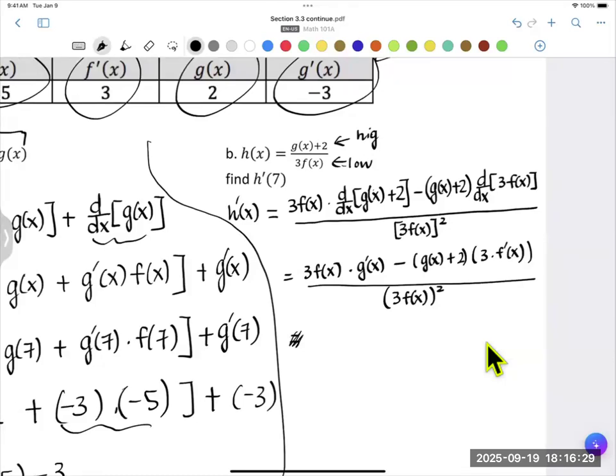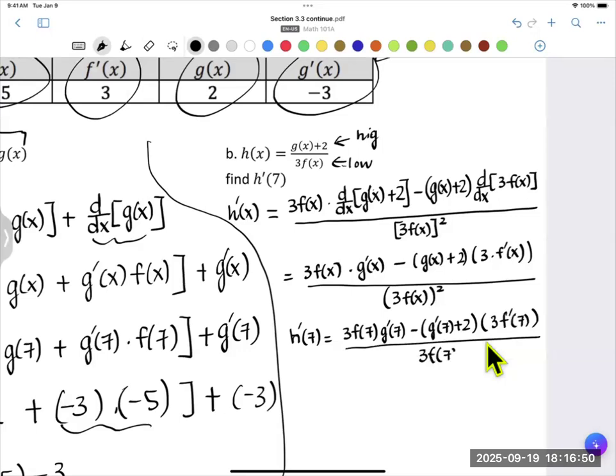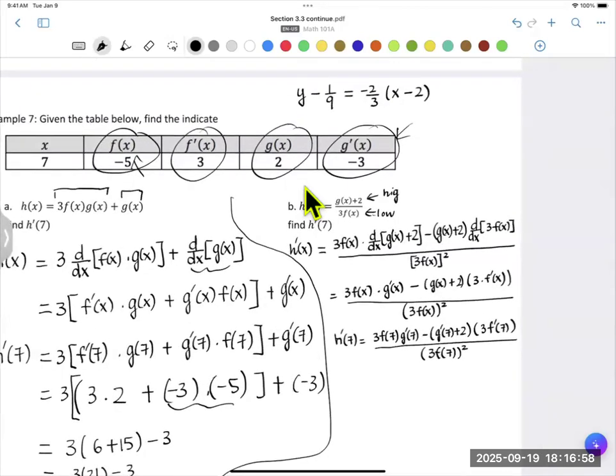By putting in h prime of 7, we have 3 f of 7 times g prime of 7, minus g of 7 plus 2 times 3 f prime of 7, then all over 3 f of 7 squared. Now we're just putting in the values that we have above. f of 7 is -5.